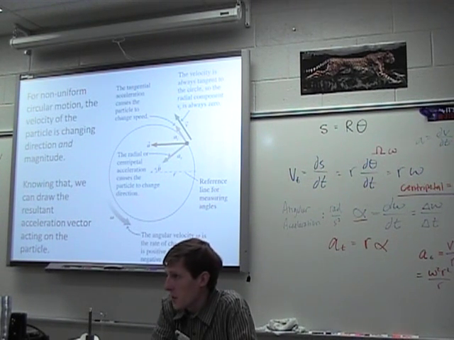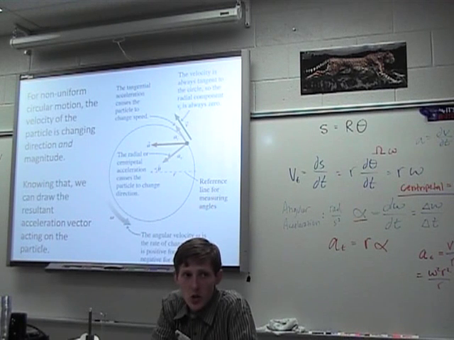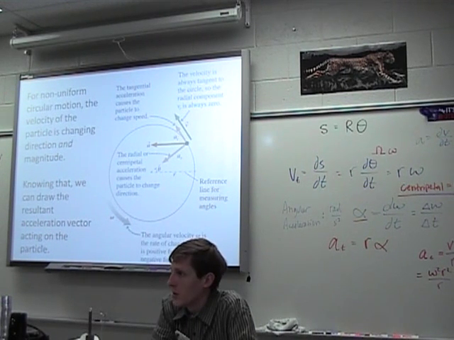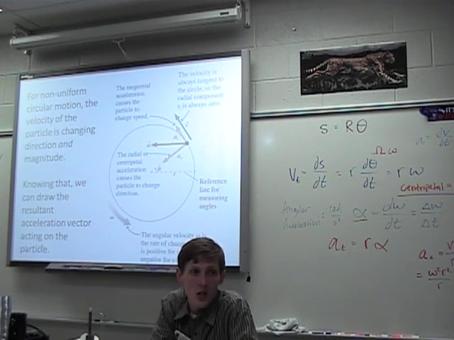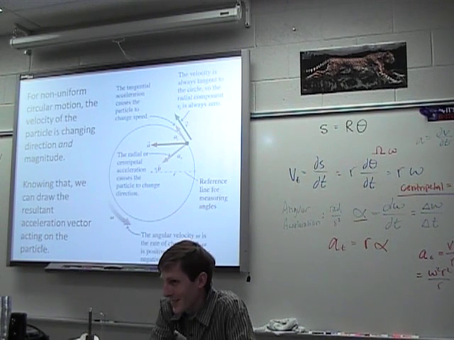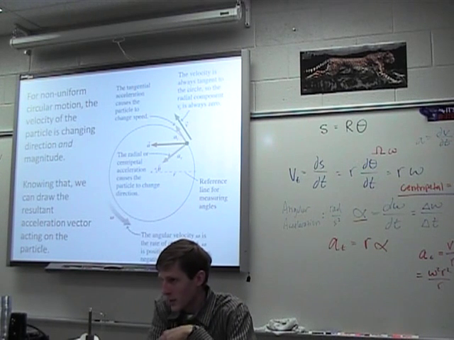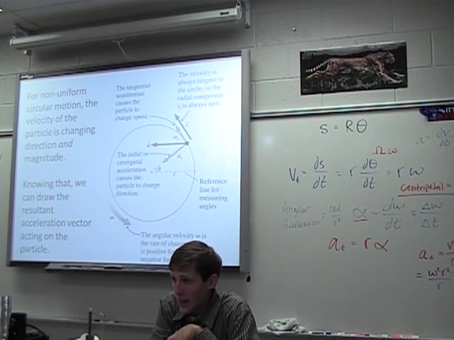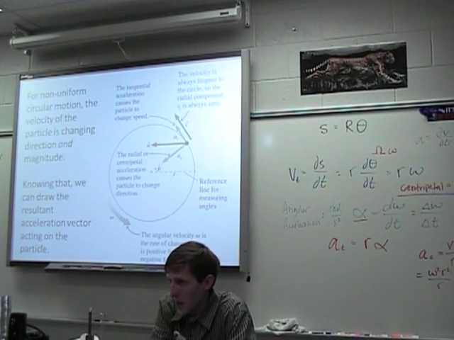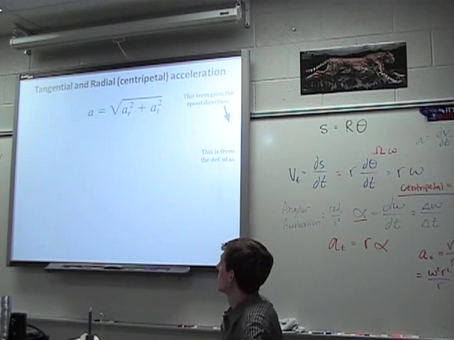The faster something is spinning, the more angular speed it's got, the more centripetal acceleration has to fight the inertia of the object going in a circle. So as omega gets bigger, centripetal acceleration gets bigger. It's a direct relationship with an exponential.